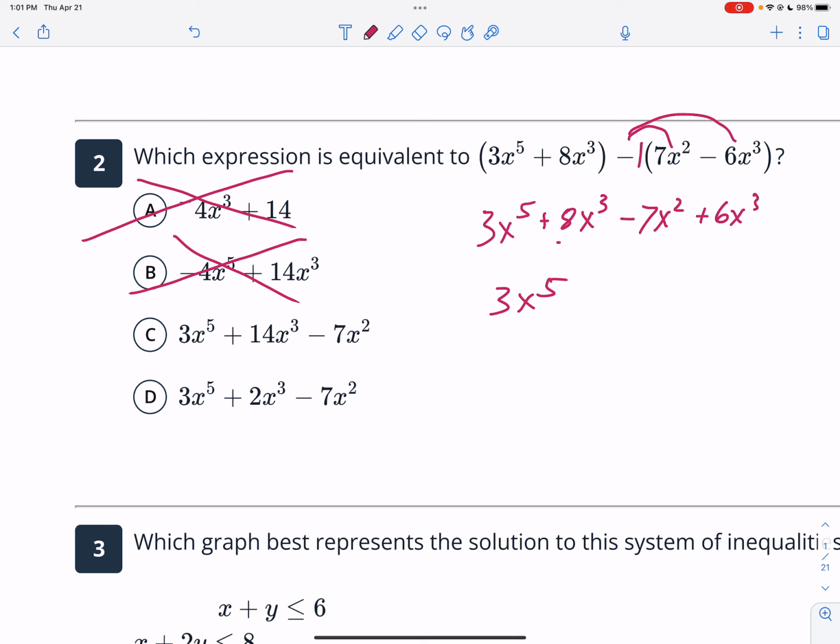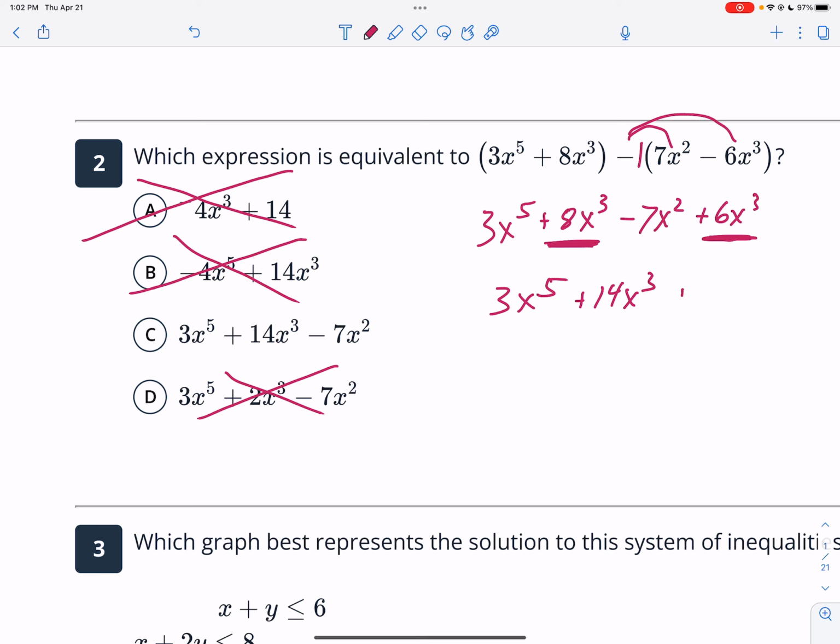So let's try combining these. I notice that I do have another x cubed term, and 8x cubed plus 6x cubed is positive 14x cubed. So without even finishing it, I know it can't be this one. So I've already got my answer.